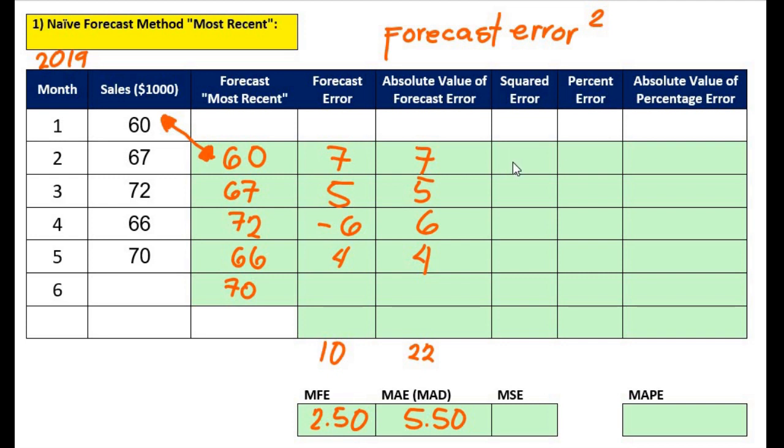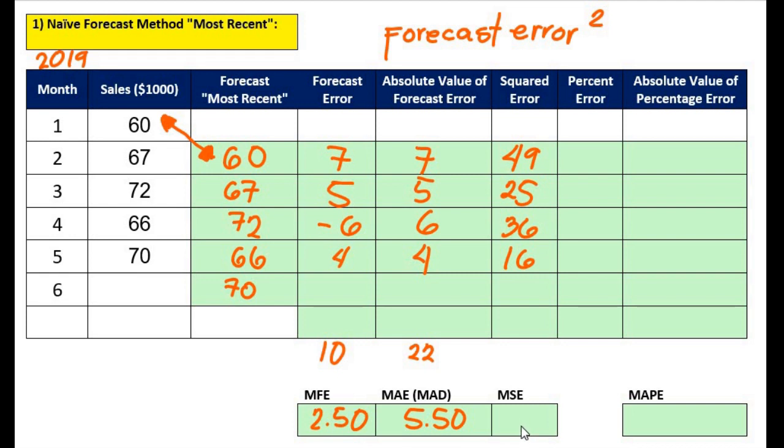So 7 times 7 is 49, 5 times 5 is 25, negative 6 times negative 6 is 36, and 4 times 4 is 16.